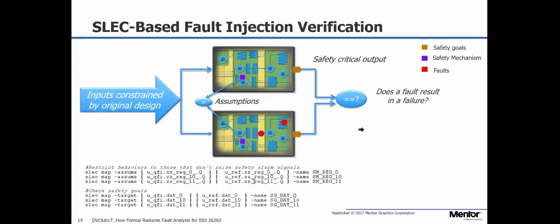So just give us the paths for which the fault is propagated up to the output but not detected by the safety mechanism. So this is just a run for the category DC, the dangerous category.